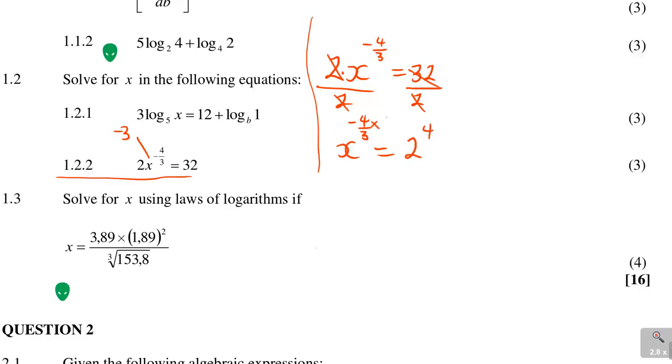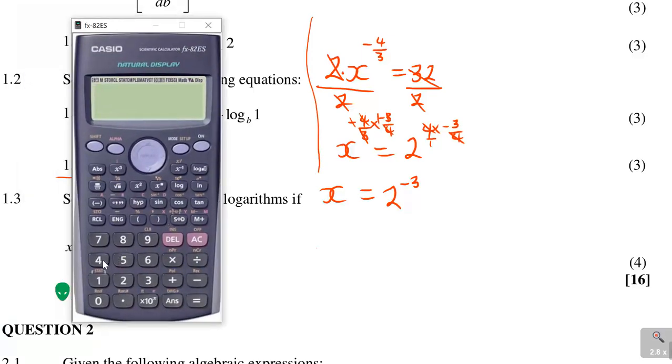Then you multiply by negative 3 over 4. When you do that, the 3 cancels the 3, the 4 cancels the 4, and you've got x is equal to 2 to the power negative 3. So I see now where I made an error. I don't know how I calculated with the calculator, but it was supposed to be 4 times negative 3 over 4.